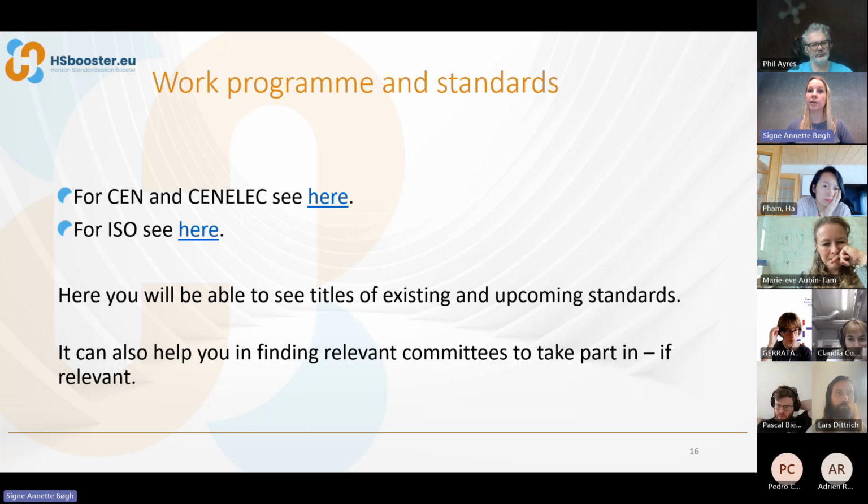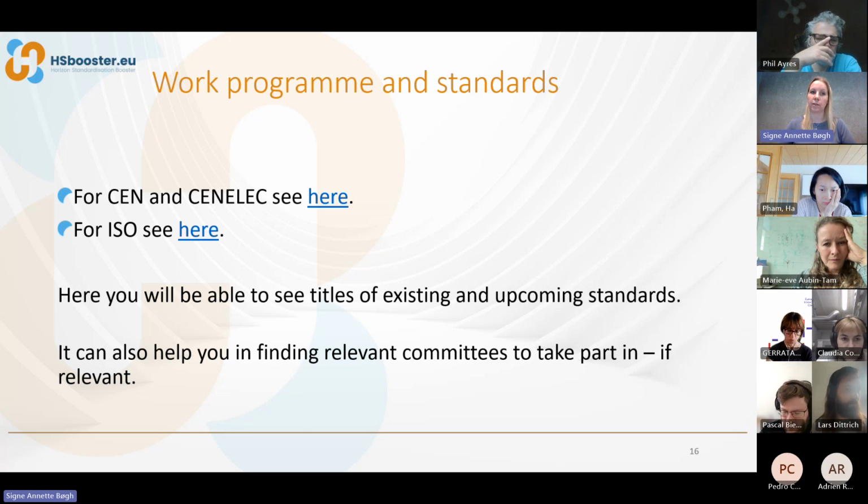And then they will be an eligible cost in Horizon projects. So that means that if you have, for some reason, need to purchase the standard, then find out if you cannot have this covered by the project, because most often you will be able to do this. I would say oftentimes a standard doesn't cost more than 100 euros, so it's not so much. But here is where you can find out which are the relevant work programs and what is going on in those.